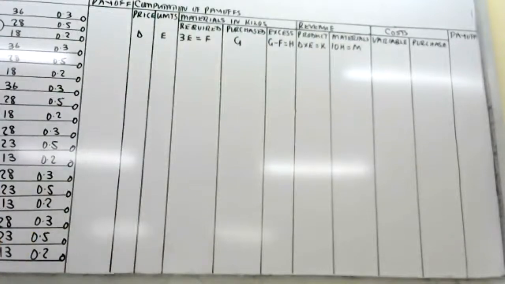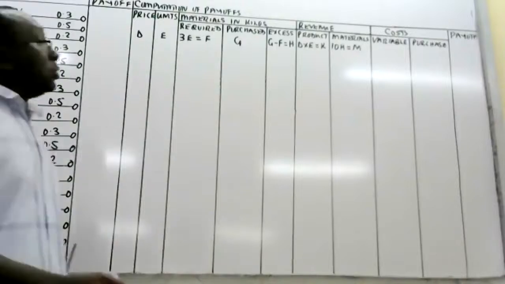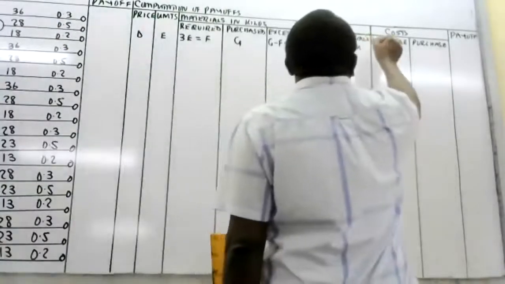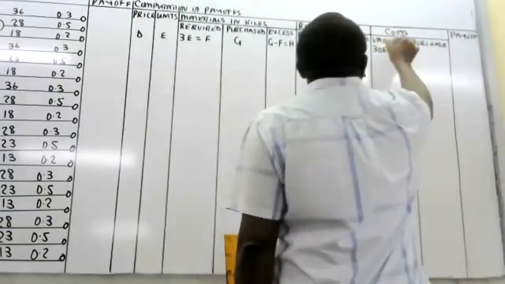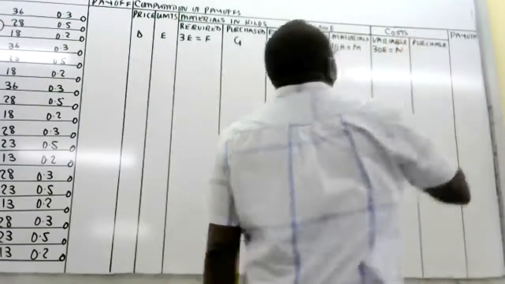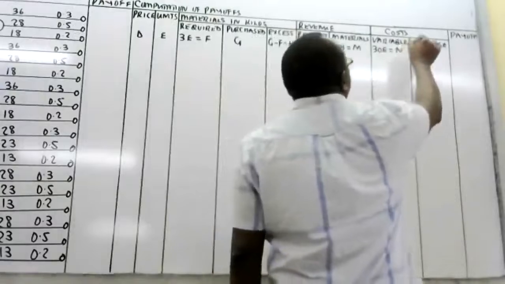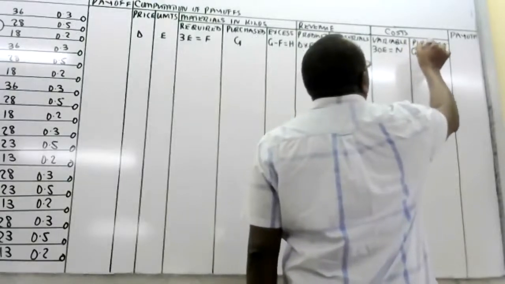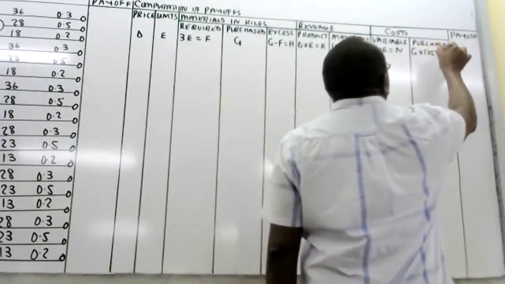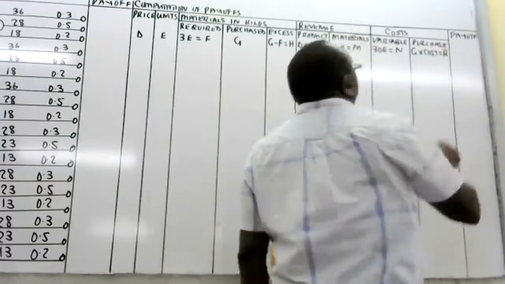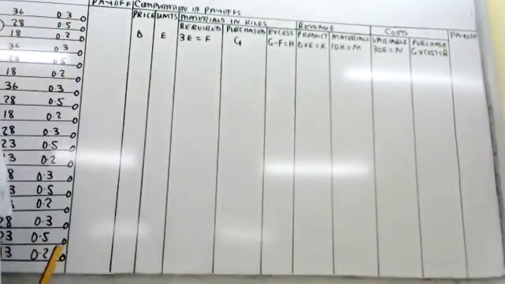For the variable costs, you can see for each unit, it is that bulk, so it is going to be 30E. You can call it N. Then for the purchase cost, it will be the units that are purchased, G times cost.